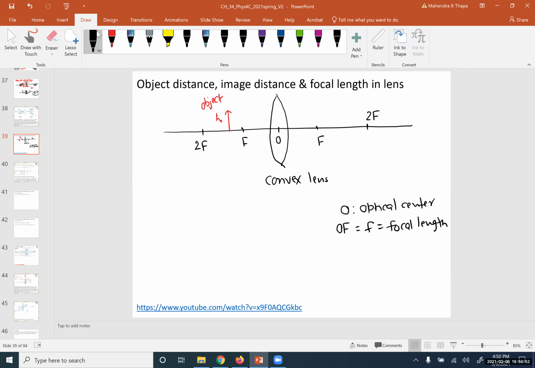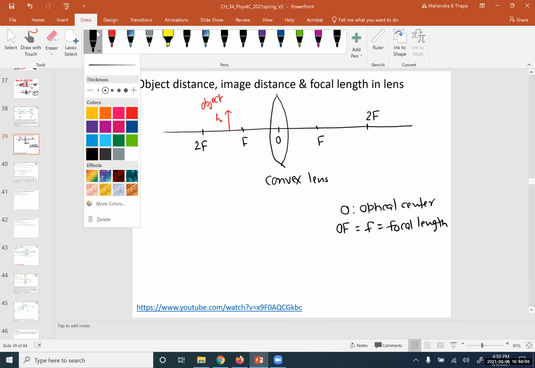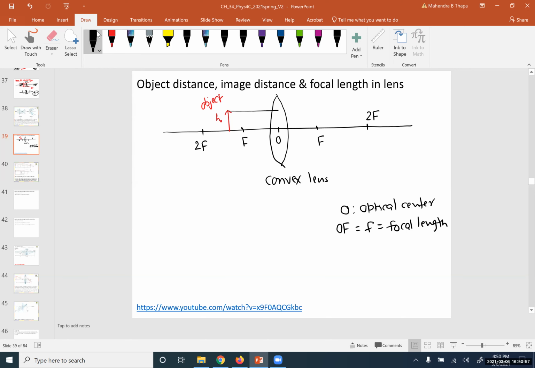For the ray diagram, I will take one ray parallel to the principal axis. According to the definition of focus, it must pass through the focus. Here is a refraction.